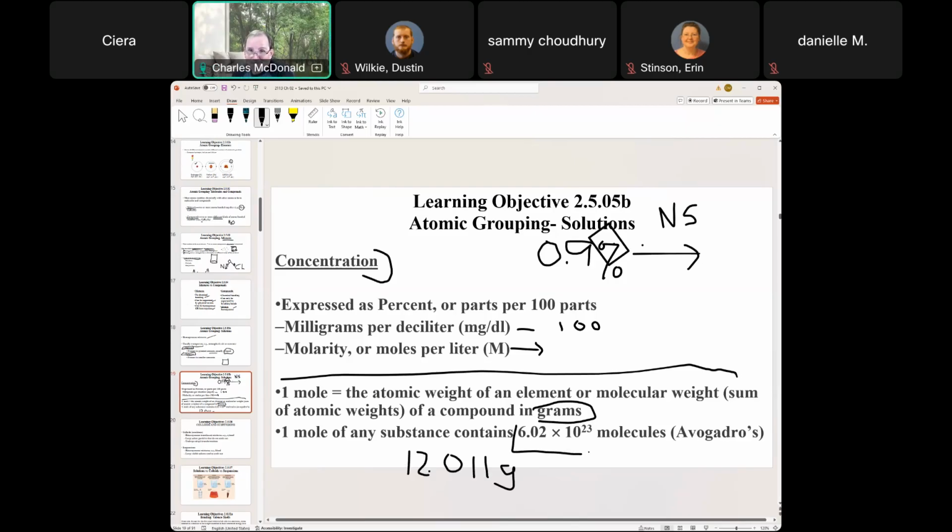That's a mole right there: Avogadro's number, 6.02 with 23 zeros behind it. That's a lot. But every element, a mole is a mole no matter what it is. A mole of hydrogen would be about 1 gram, because hydrogen's atomic weight is just a little over 1. And heavier things like lead, uranium, they would have many more grams. But we're going to try not to get into that.